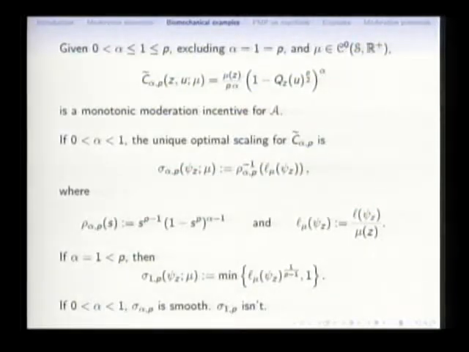The only structural thing to look for here is that, since I'm looking at control regions that are unit balls with respect to a non-standard norm, I'm going to take my cost functions to be some appropriate power of that quadratic form's evaluation on my control, subtract that from 1, so when I hit the boundary, this will be 0, and then take powers and do some rescaling. Here's my moderation function, and I'm typically going to be interested in what happens when I choose this A.